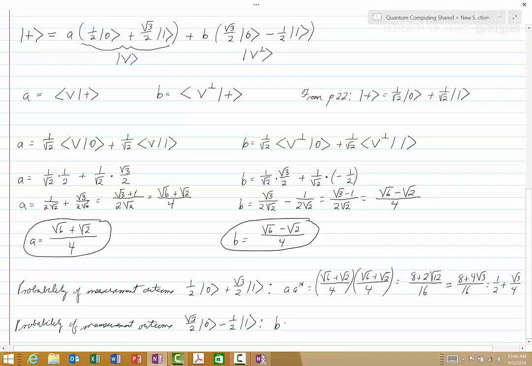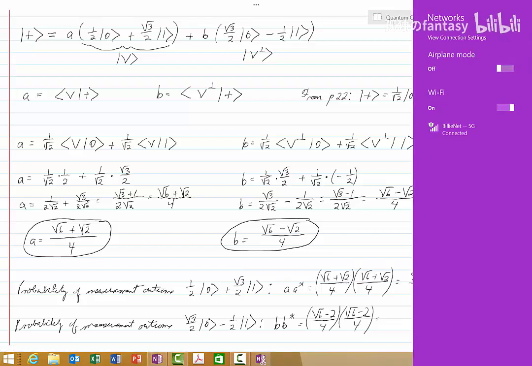Well, that will be B times B conjugate, which is square root of 6 minus square root of 2 over 4 times the square root of 6 minus square root of 2 over 4.